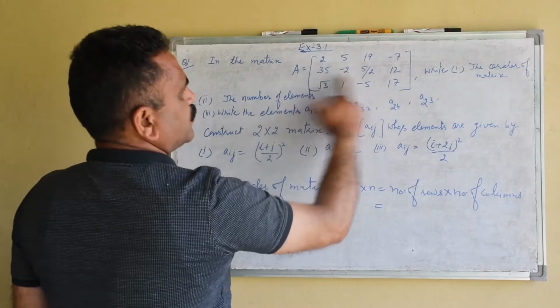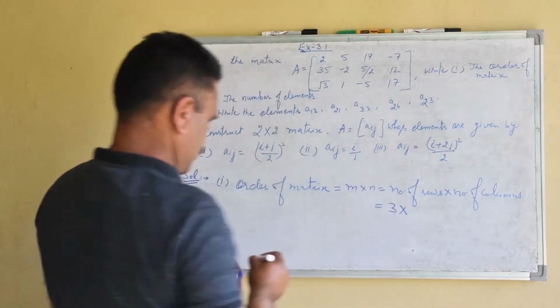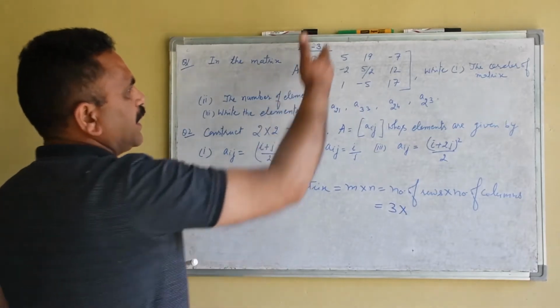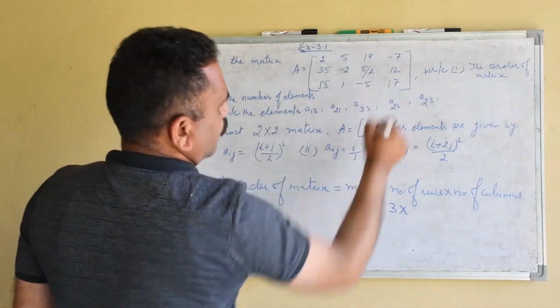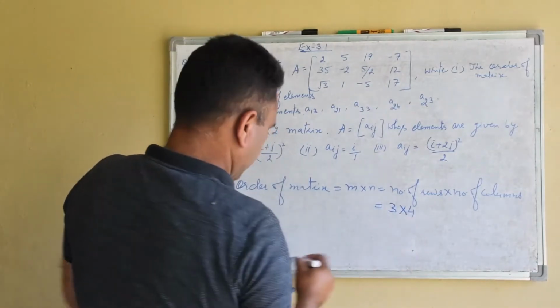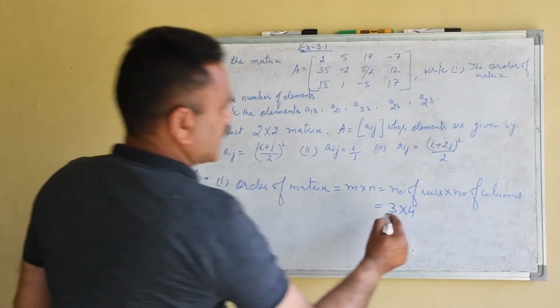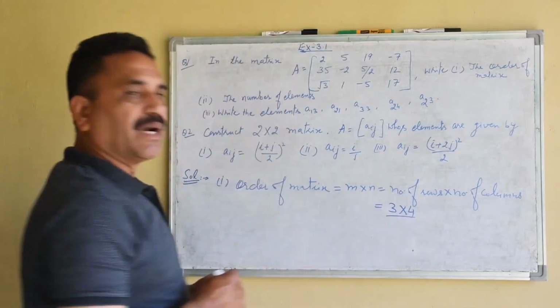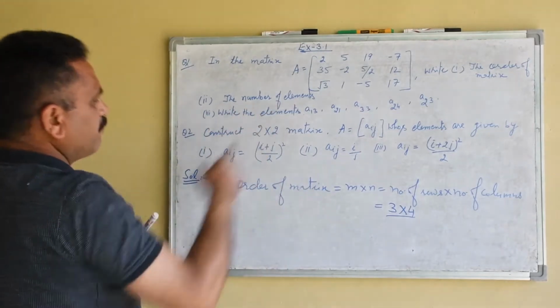So 1, 2, 3. 3 horizontal rows are there and 1, 2, 3, 4. 4 are vertical lines. Therefore, the order of the matrix is 3 by 4.